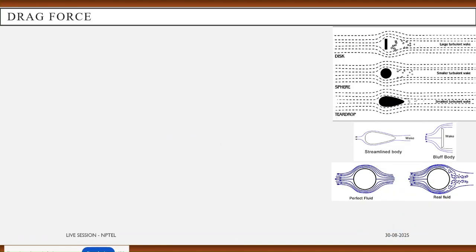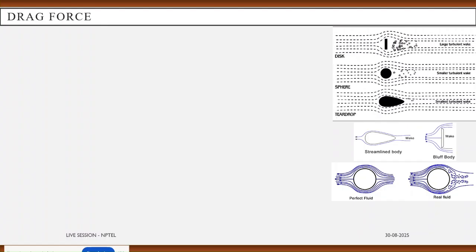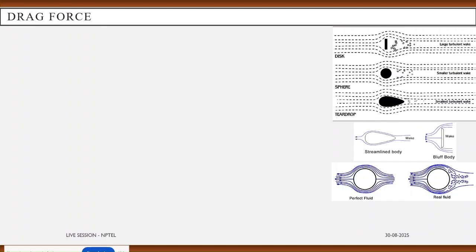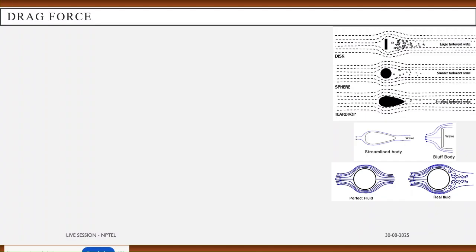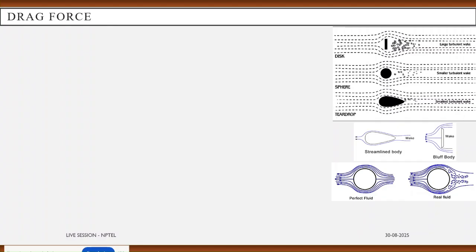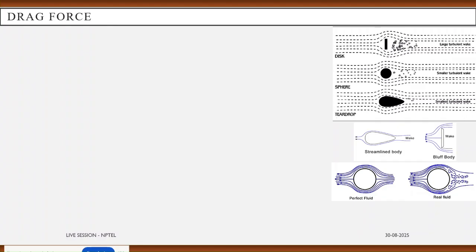So when we talk about an immersed body in a fluid, there are a few forces that act on the immersed body. Now this immersed body can be of different types. One body can be perpendicular to the flow line of the fluid, and it can be completely aligned with the streamline of the fluid.